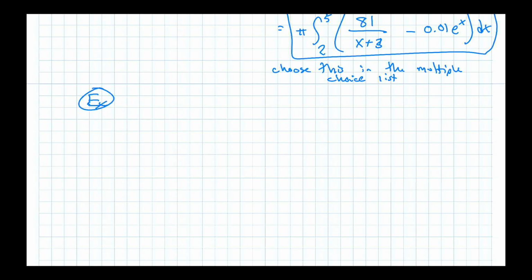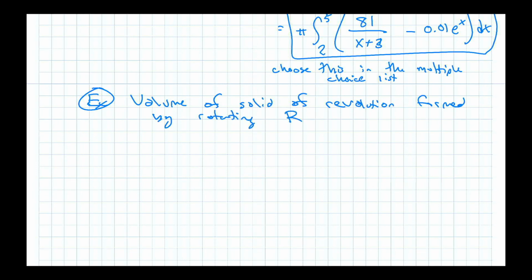Okay, so again, volume of solid of revolution. They're all volumes of solids of revolution. They ask them in different ways. Formed by rotating, I'll say R, around, what are the curves? That's what we need to know.